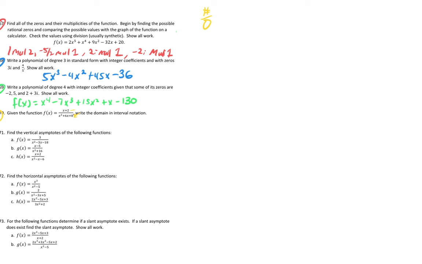So we need to find the zeros of that bottom. So we have x squared plus 6x plus 8, which is easily factored, and we're trying to see when these are equal to 0. So x equals 0 at -4 and -2.